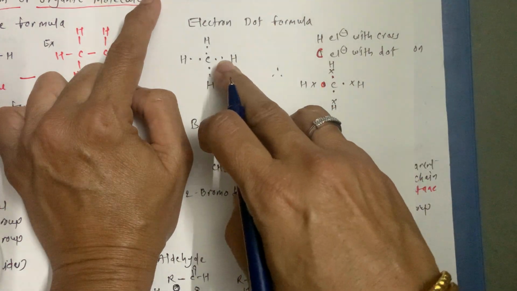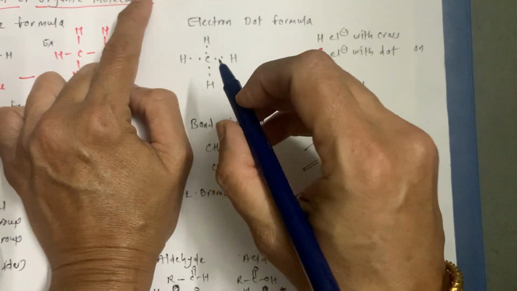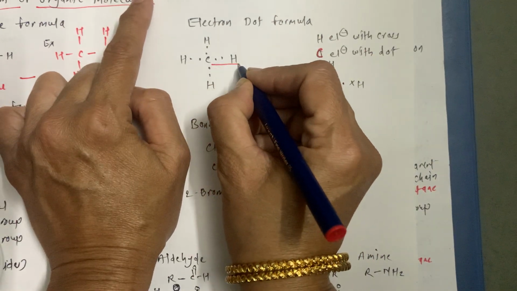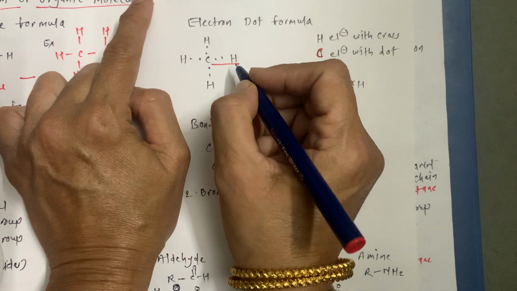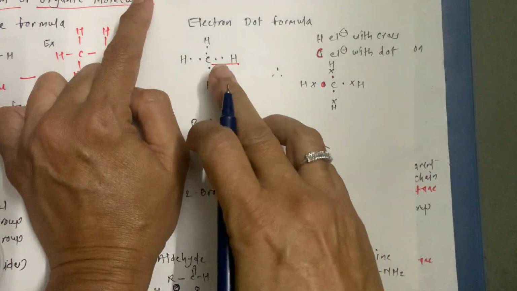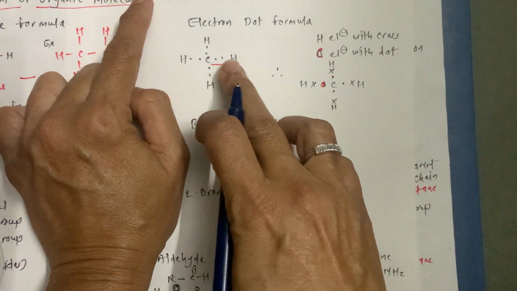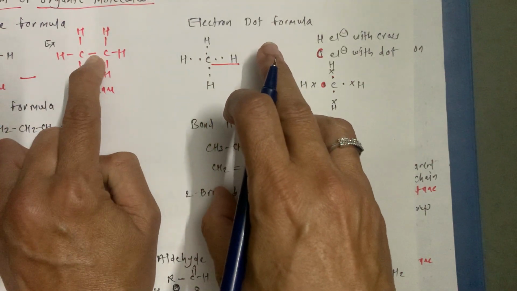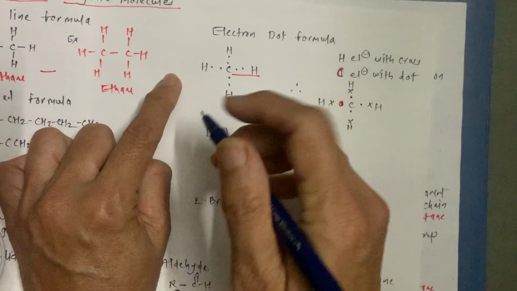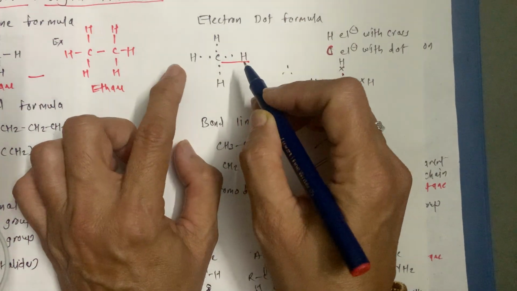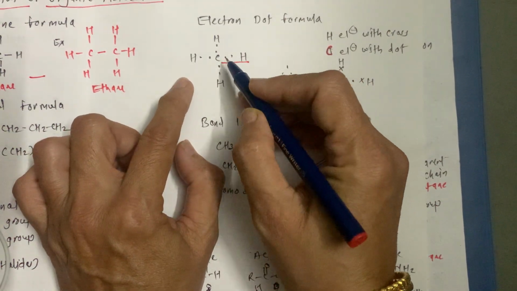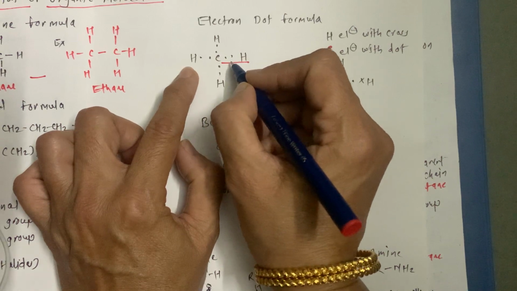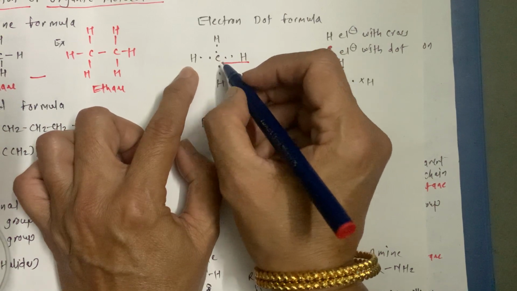Means what? We are mentioning electrons which are sharing in between carbon and hydrogen to form covalent bond, and without writing bond here like this in the dash formula, we can write in a dot formula. Okay, so one covalent bond is forming by sharing two electrons, mutual sharing of two electrons.